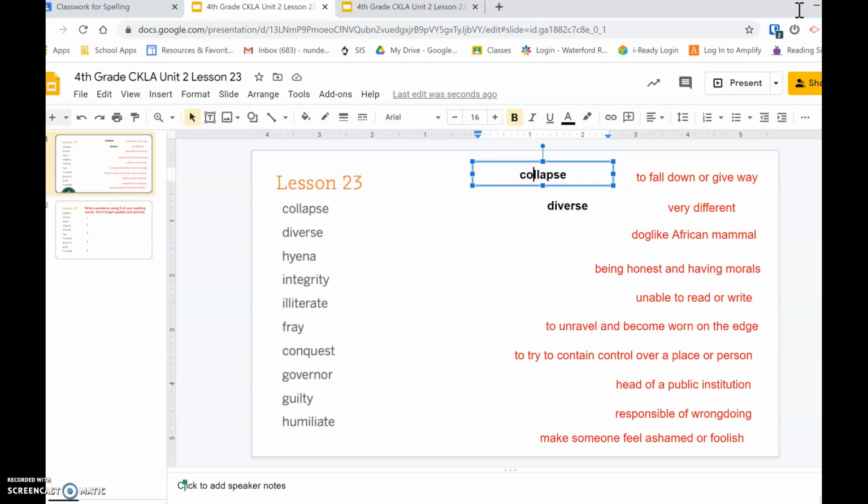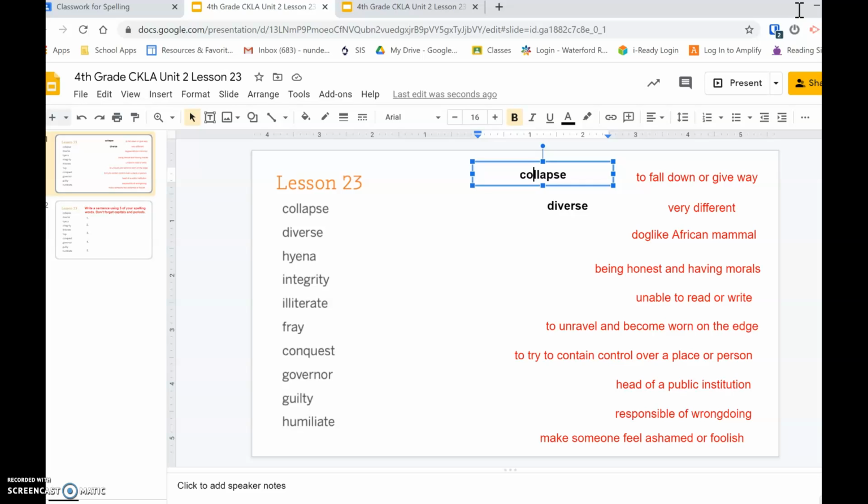Dog-like African mammal is a hyena. Being honest and having morals is integrity. Being unable to read or write is illiterate. To unravel something like the edge of fabric would be to fray. To take control over a place would be a conquest. The head of a public institution is a governor.